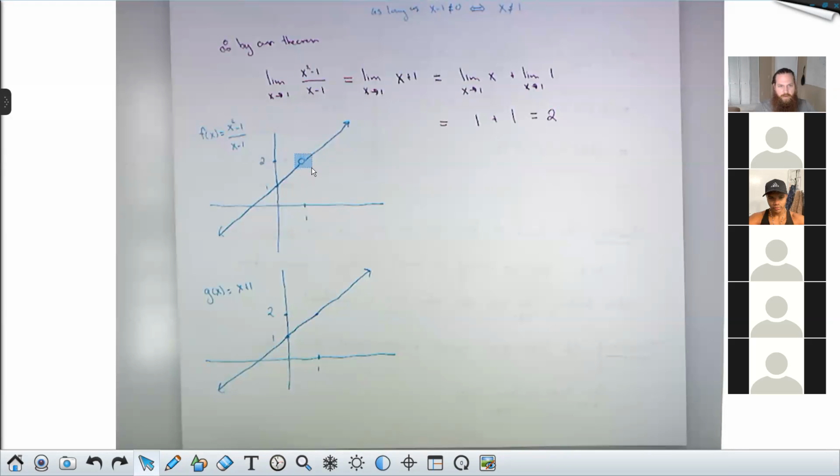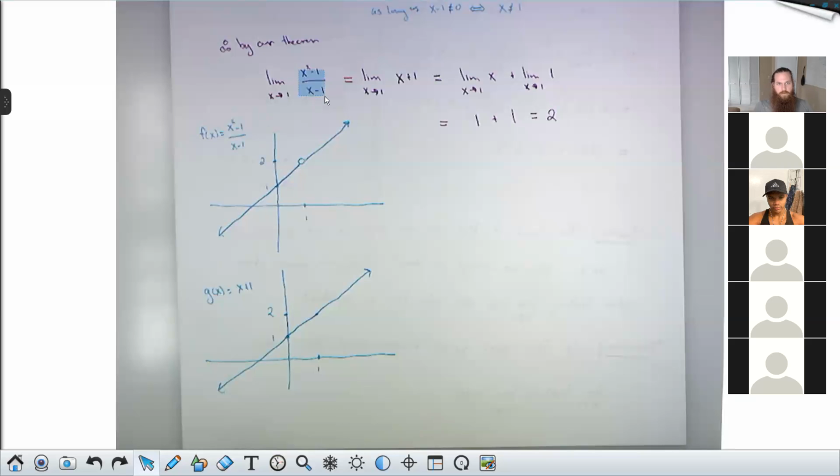I can't calculate that by plugging in because this becomes undefined there. But this function is not undefined at 1. So I can find the y value of the limit, which is the y value of this hole, by plugging x equals 1 into this other function, because they agree everywhere except at that point.